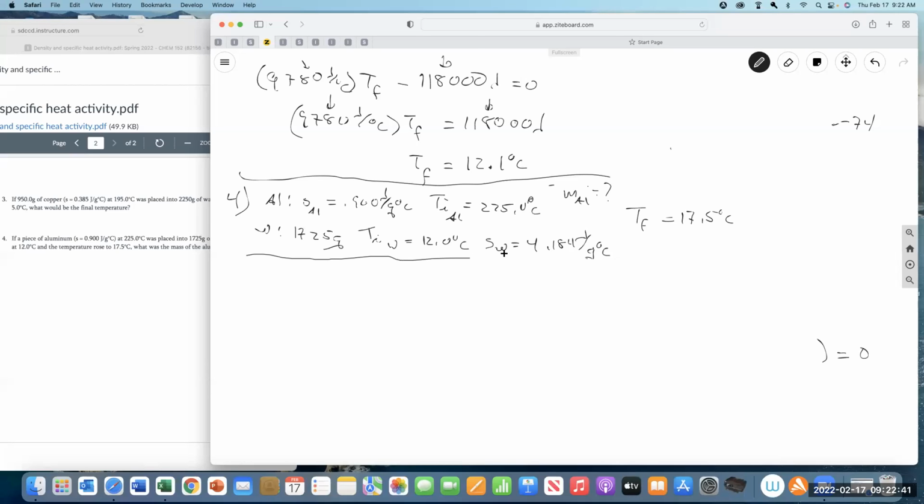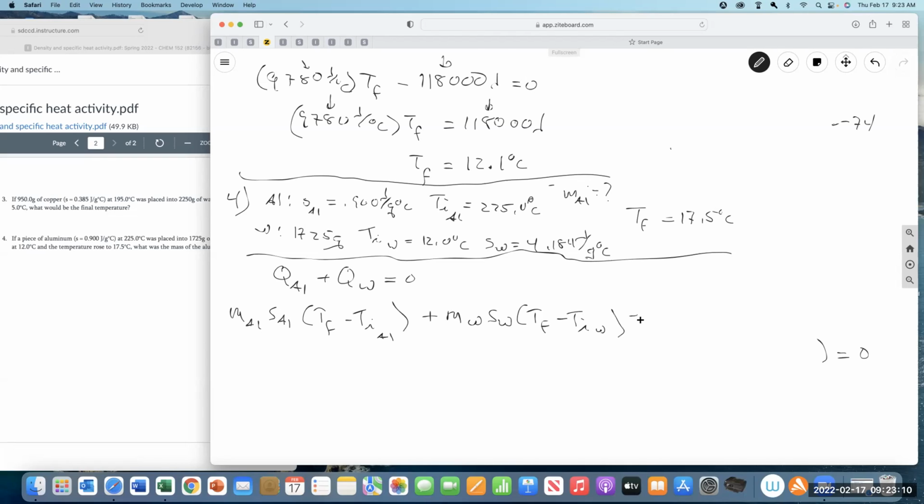So it starts the same way. Q of the aluminum plus Q of the water equals 0. Then it's mass of the aluminum, specific heat of the aluminum, TF minus TI of the aluminum, mass of the water, specific heat of the water, TF minus TI of the water equals 0.